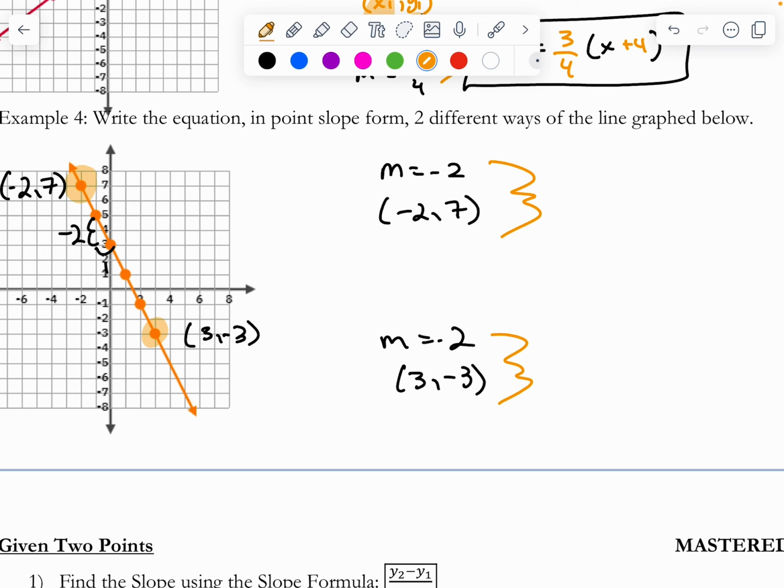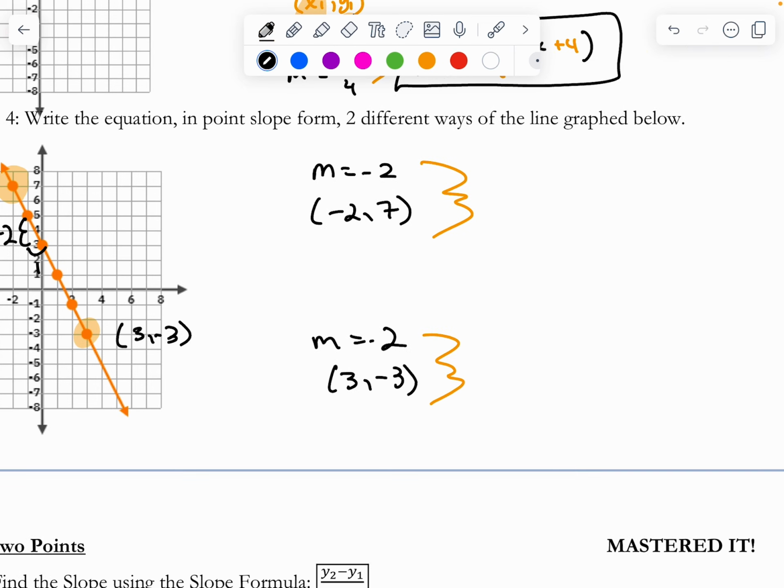All right, y. Again, these are my x1 and my y1s. Oh my God, the lag is getting terrible. My y1 here is +7.